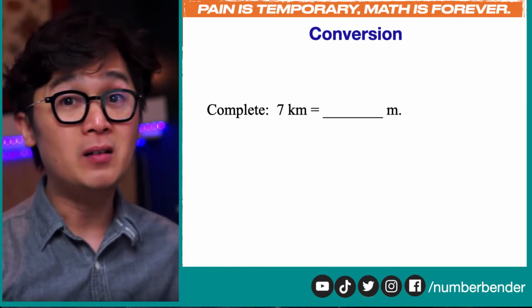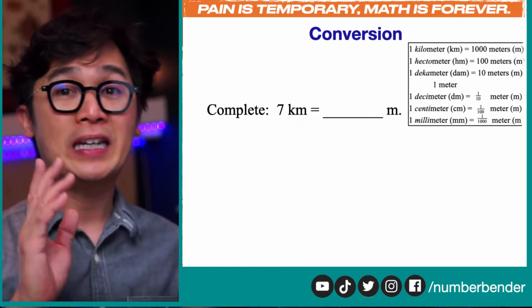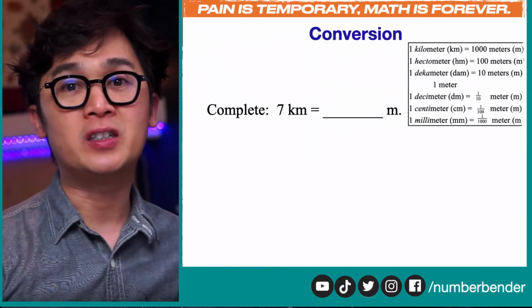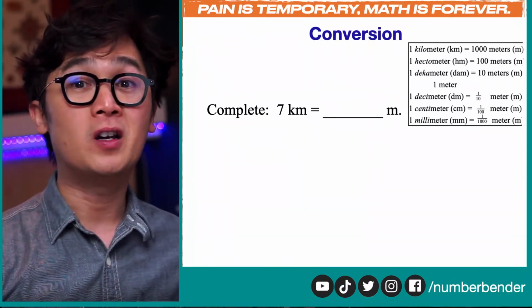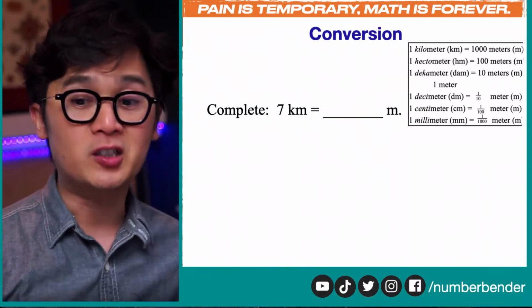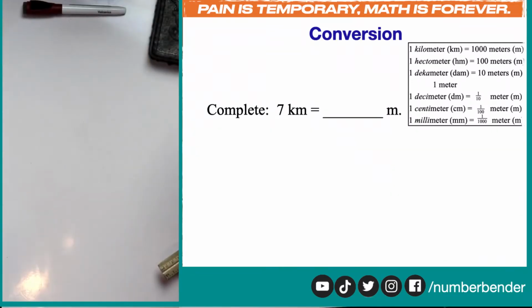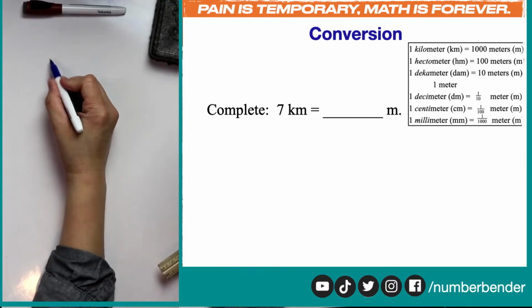It's not a mile, but a meter. So we need to have this cheat sheet to be able to convert 7 kilometers into meters. To be able to do that, let's start with writing out our equation.